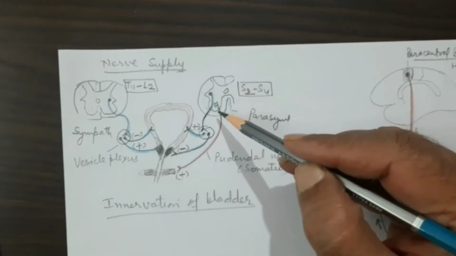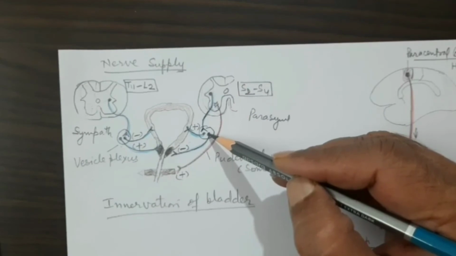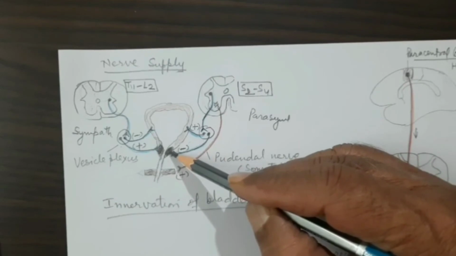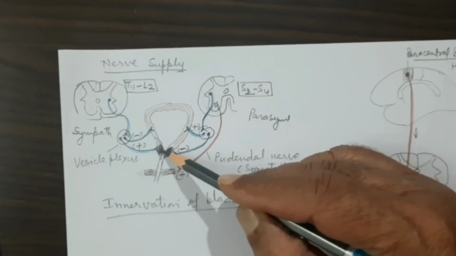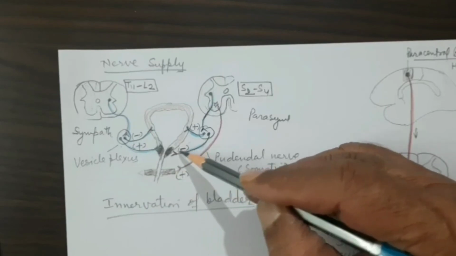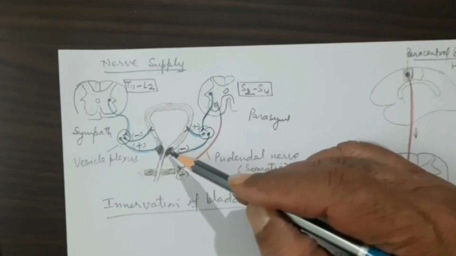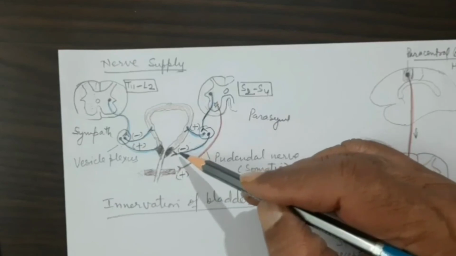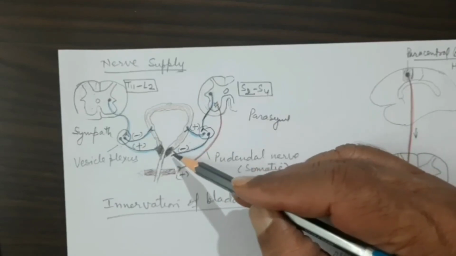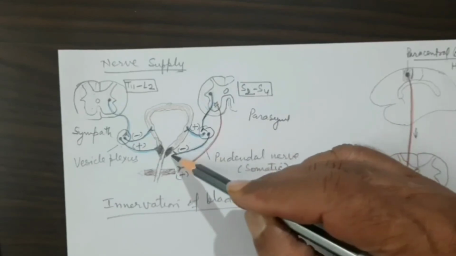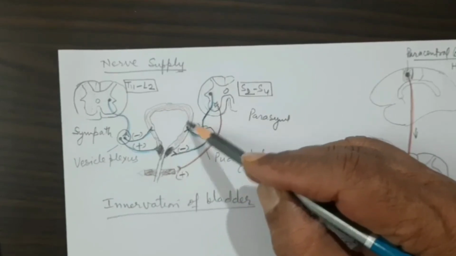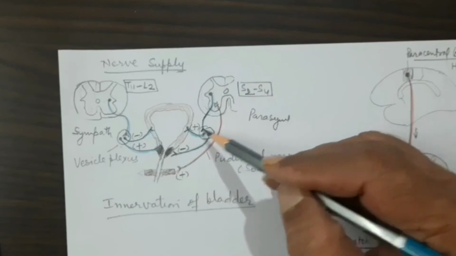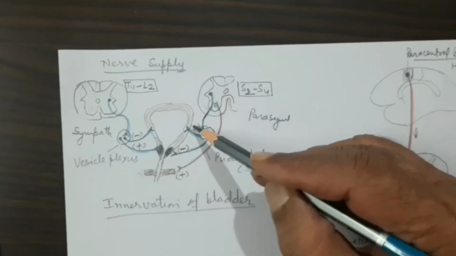And then a fiber from this vesical plexus also goes to the internal urethral sphincter, which is present at the neck of the bladder, a circular band of smooth muscle. But here it acts as a relaxant. Both are smooth muscle, in the wall of the bladder as well as at the sphincter, but the function of the parasympathetic is different.